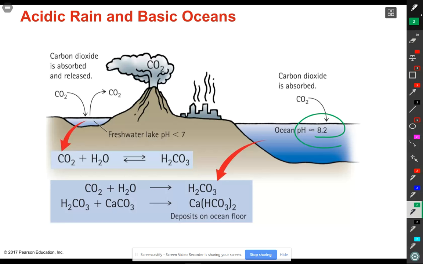But it takes the carbon dioxide in the air. Once it gets into the ocean water, it then will form into a rock. And so we have huge amounts of carbon dioxide that have been taken out of the atmosphere and formed into rock. So the Earth's atmosphere has much less carbon dioxide than it naturally would have if we didn't have water.